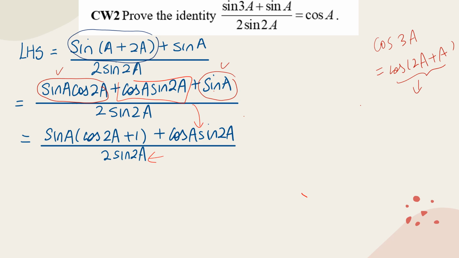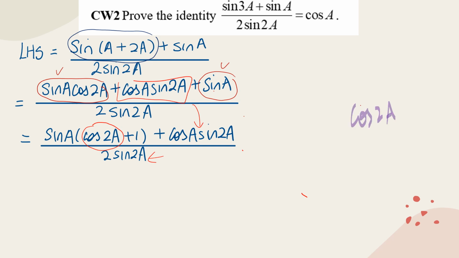All right, so what do we do next? We can apply double angle formula for this guy. So when it comes to cosine 2a, it's a bit tricky. Why a bit tricky? Because cosine 2a is troublesome. Cosine 2a has three formulae to work on.